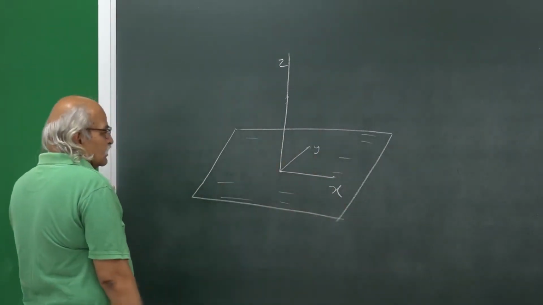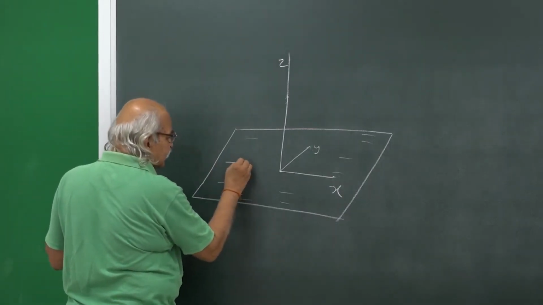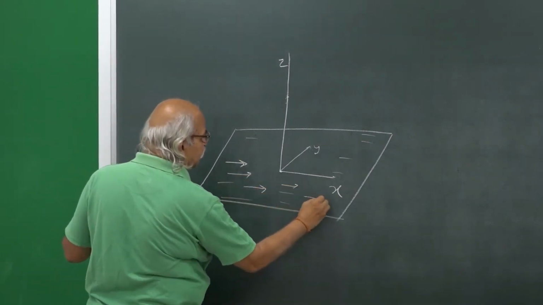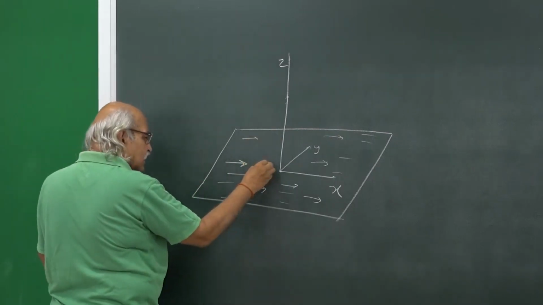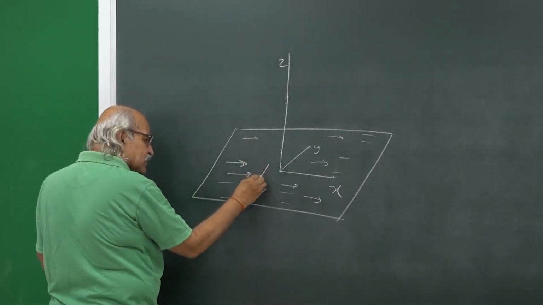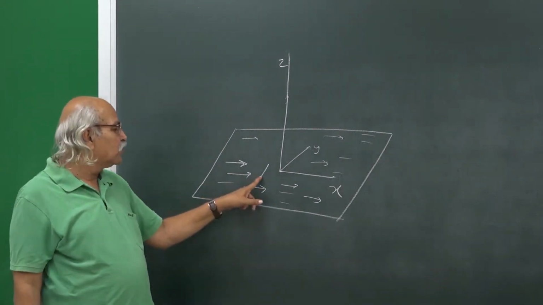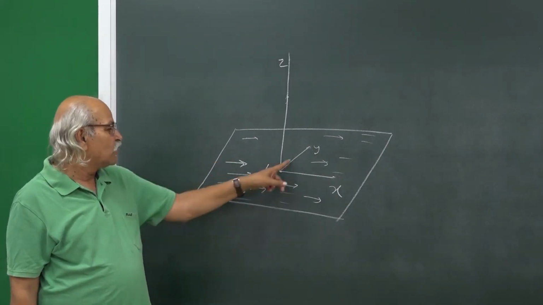The current which is flowing is in the x direction, and everywhere in this plane you have current, and it is such that if you draw a line in the plane, I am drawing the line also inclined, this line is perpendicular to the current direction, parallel to the y direction.